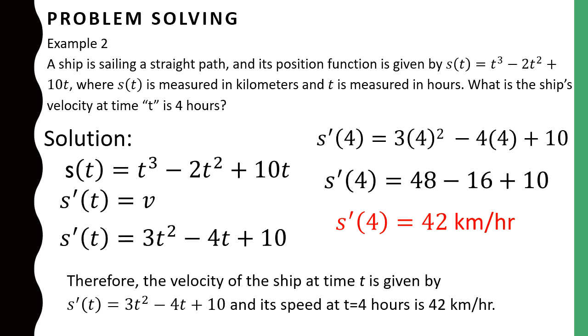Therefore, we conclude that the velocity of the ship at time t is given by 3t squared minus 4t plus 10. And the speed at t equals 4 hours is 42 kilometers per hour. Again, steps include: get the derivative first of the position function, and then substitute the value of t in your velocity function. Okay? I hope you got the strategy.